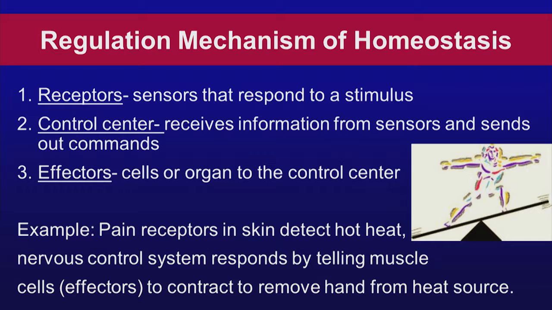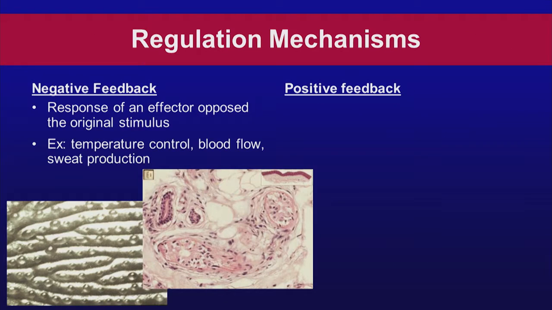For example, if you touched a hot plate, the receptors in your hand would detect that and tell your nervous system, the control system, and the nervous system would tell the muscles in your arm to pull your arm back. And so you removed it from the source. So you need something to detect it, something to analyze it, and something to do something about the change in the internal or external environment to maintain a steady state for the cells of the body.